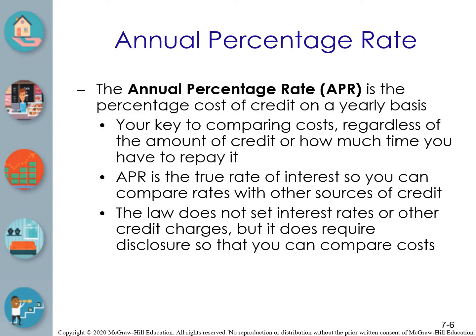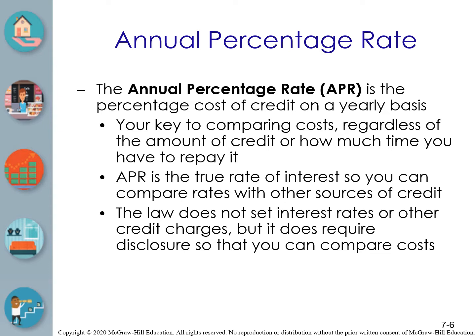So again, the APR is a percentage of cost of credit on a yearly basis, and again, it's yearly because it's annual percentage rate. It's key to comparing costs regardless of the amount of credit or how much time you have to repay it. APR, again, is the true rate of interest, so you can compare rates with your other sources of credit. So you can always say, okay, what is the APR for this? What is the APR for this next option? So on and so forth.